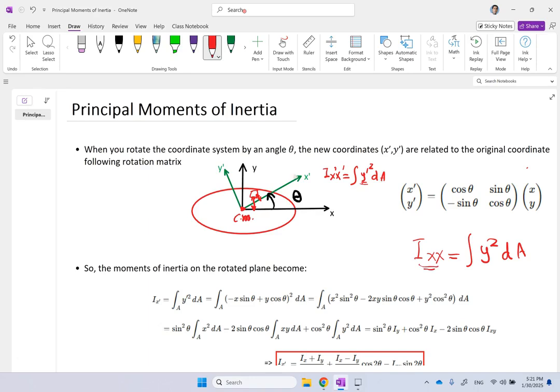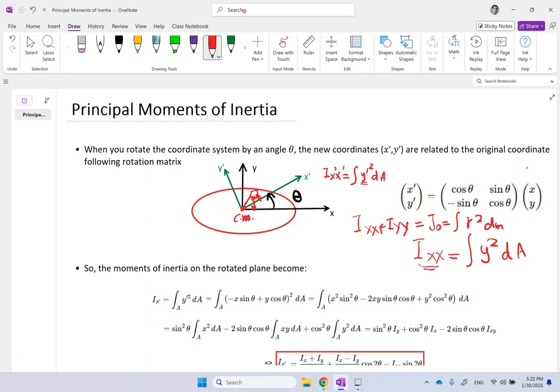Now, of course, if you make one of them maximum, you expect the other one to be minimum. And you might say, why is that? Well, because the sum of Ixx and Iyy, if you remember, was that polar moment Jo, which was the integral of r squared dm, and r squared was the radial distance. In both of these cases, whether it's rotated or not, the radial distance is the same because the origin has not moved.